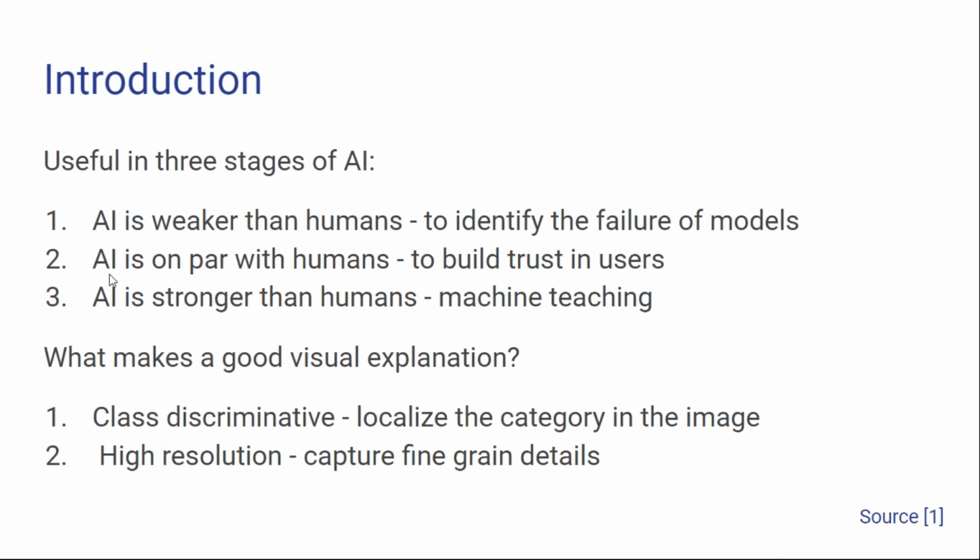And another stage is where AI is at equal performance with humans, for tasks such as image classification, the ImageNet task. Any CNN-based model can classify an image on par with humans. But the problem is that you do not understand why the model predicts a dog or cat, and it is very difficult to build trust with a business user on such models.